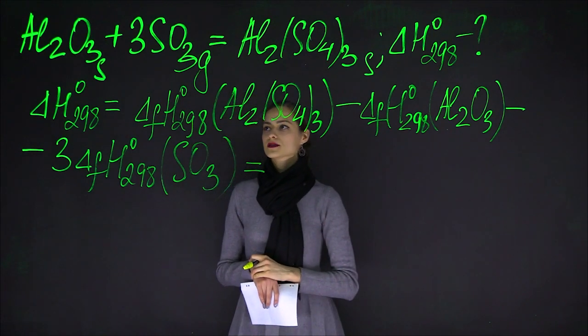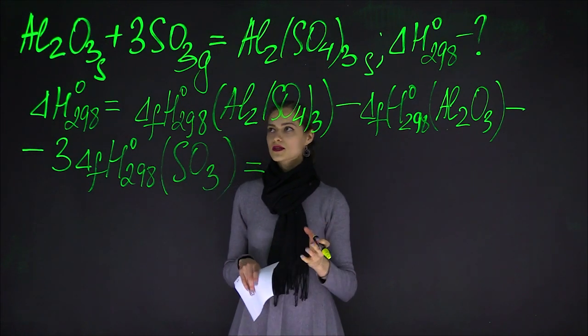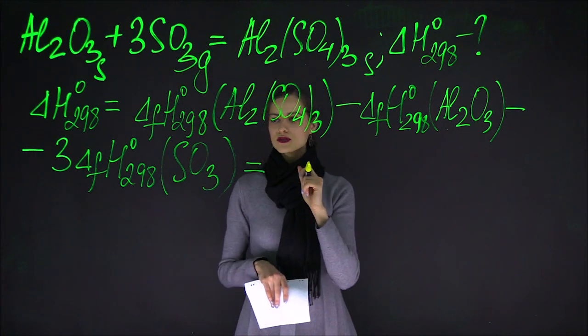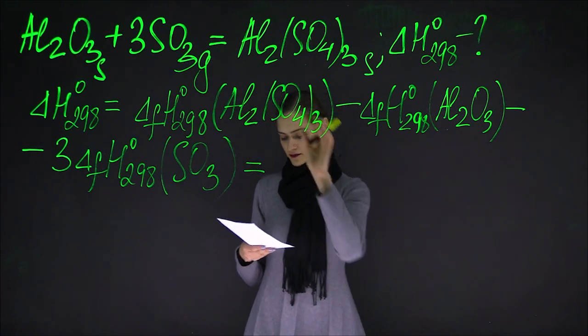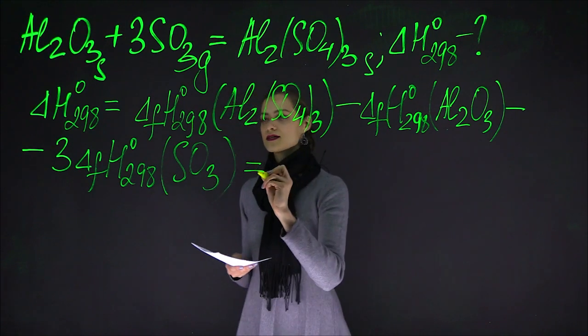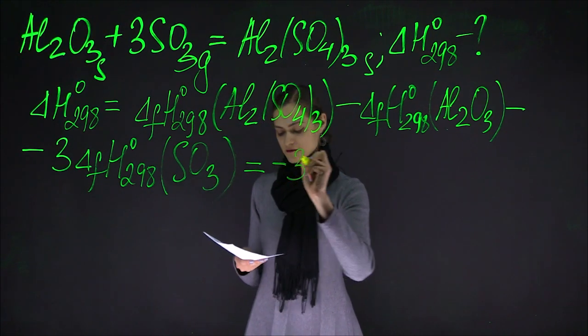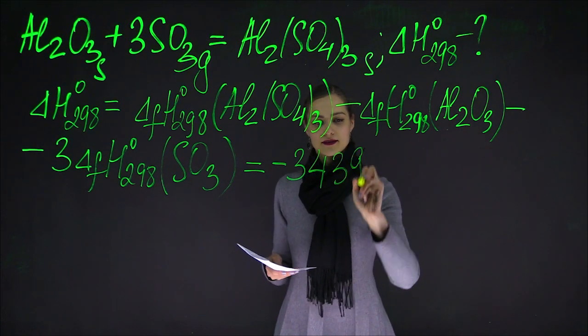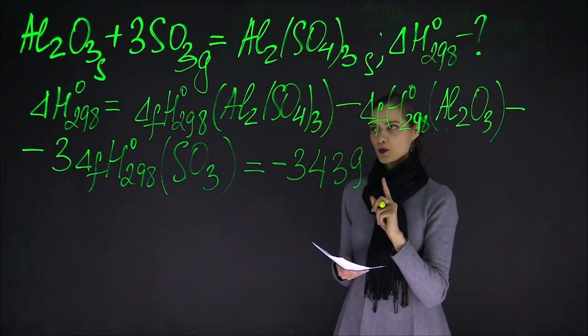According to the table data, thermodynamic data, we put numbers in our calculations. So for the salt, the standard heat of formation is minus 3,439 kilojoules per 1 mole.